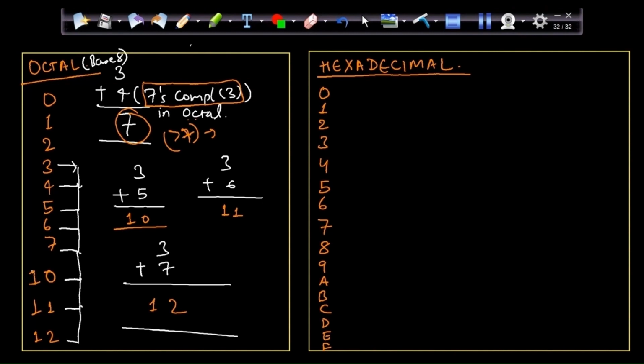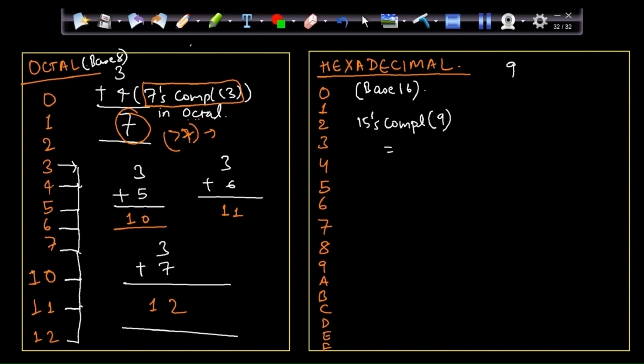Let's look at hexadecimal numbers. Let me take 9. Now to 9, what is the complement of 9? Okay, what is the base of hexadecimal? Base is 16. So what is the 15th complement of 9?